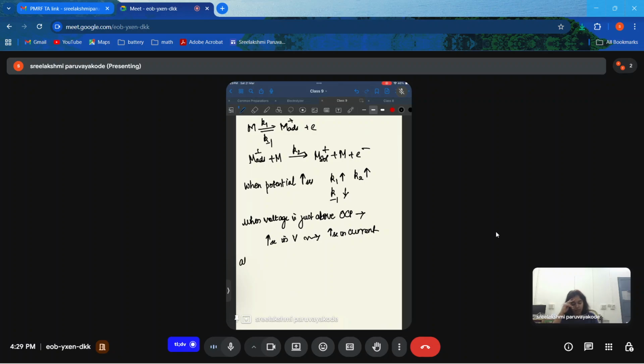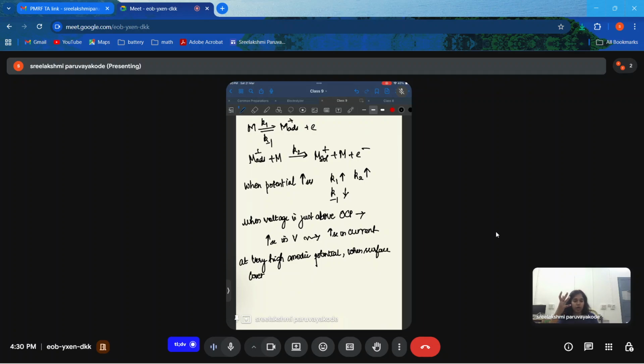But at very high anodic potential, what happens to the surface coverage?